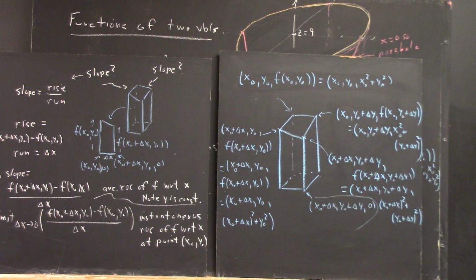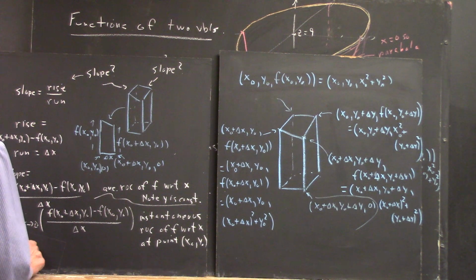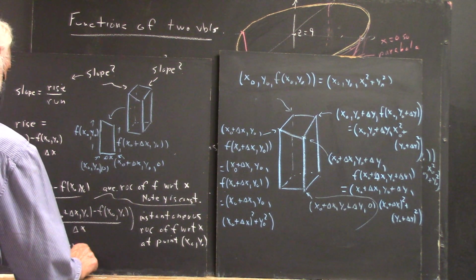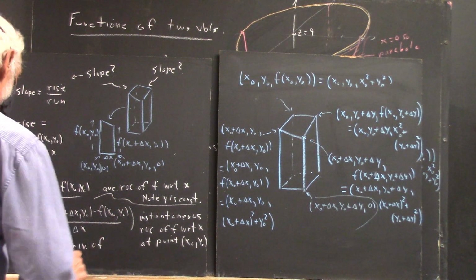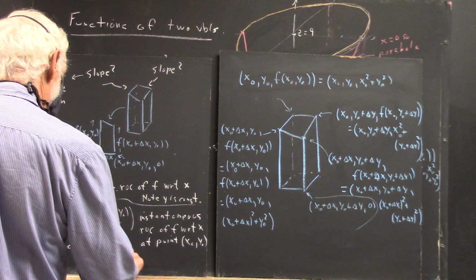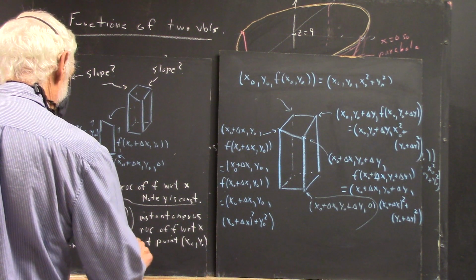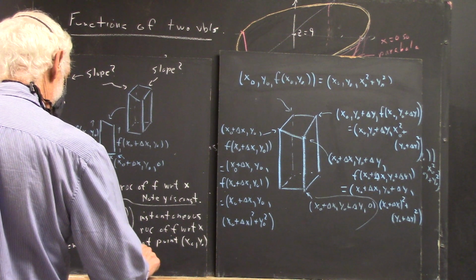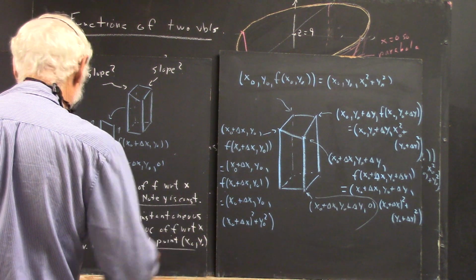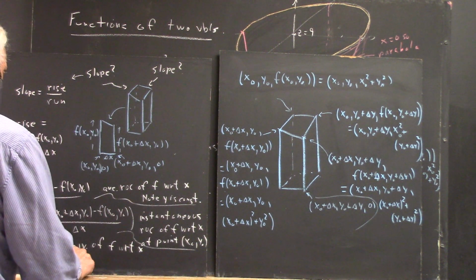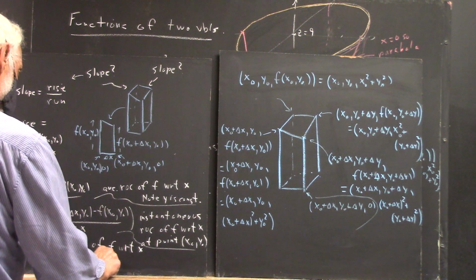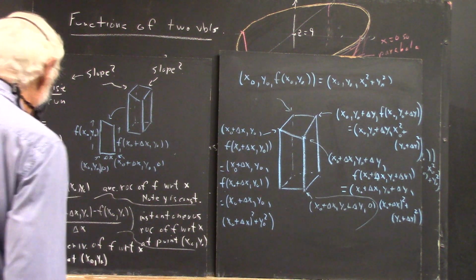And we call this the partial derivative of f with respect to x at the point x naught, y naught.